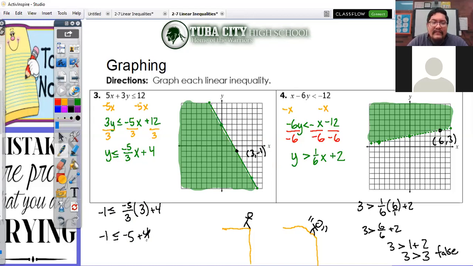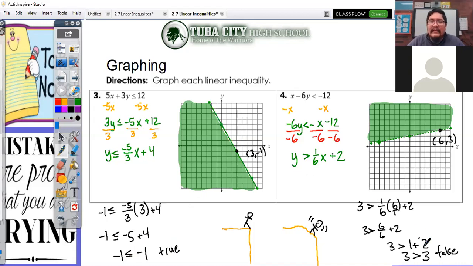And I'm going to do this a little bit faster because I'm just showing you why we use dashed line and solid line. So in this case here, I get 4 minus 5 is -1. Now, in this case, I get a matching set of numbers on both sides. But because this one has the or equal to, that means it's true, which means I can pick an area right on the line.